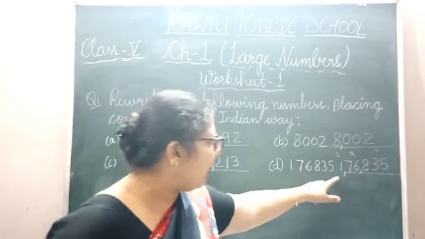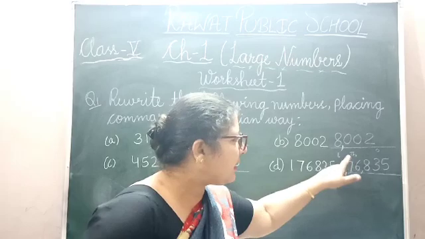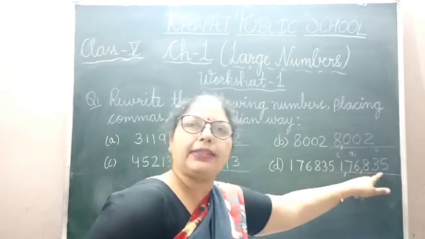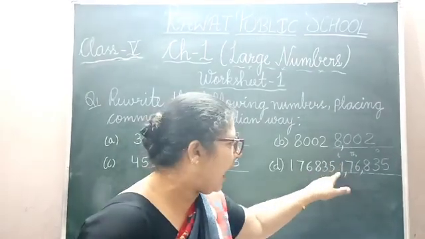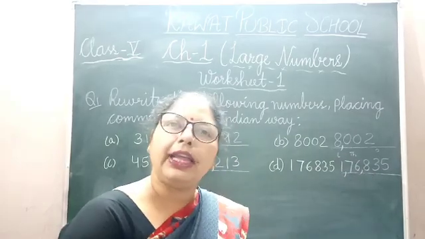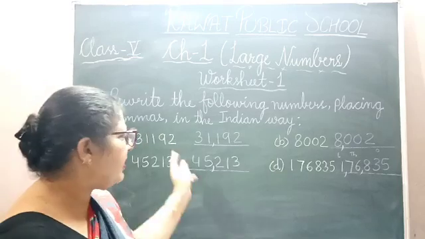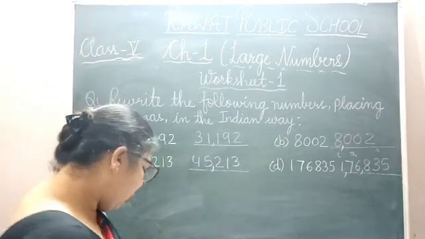So the place value of 1 is lakh. The place value of 76 is 1000, and this is 835. So 1,76,835.